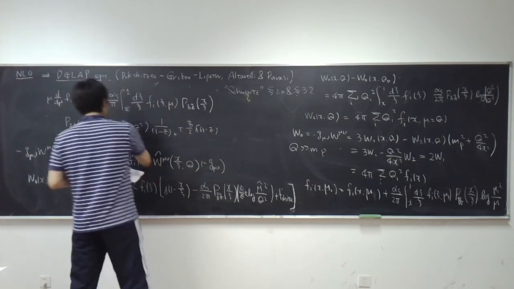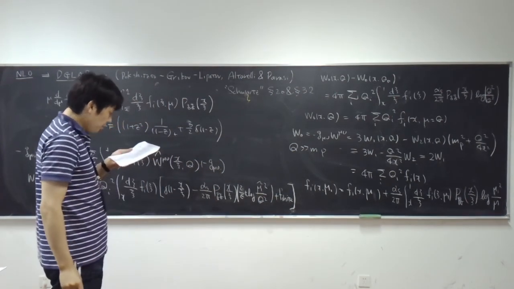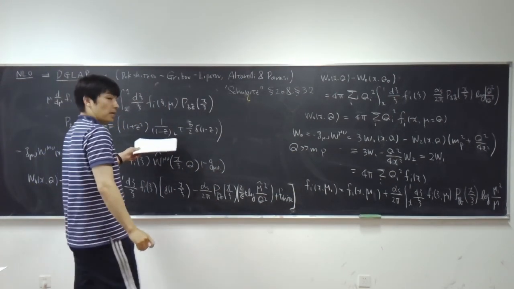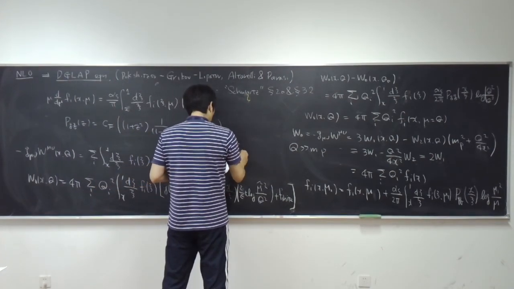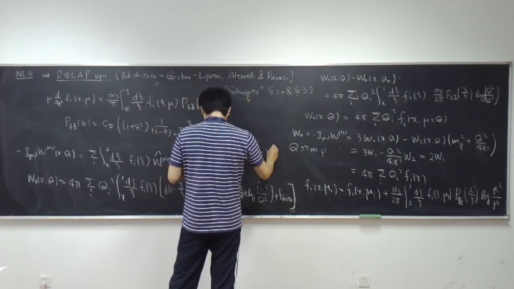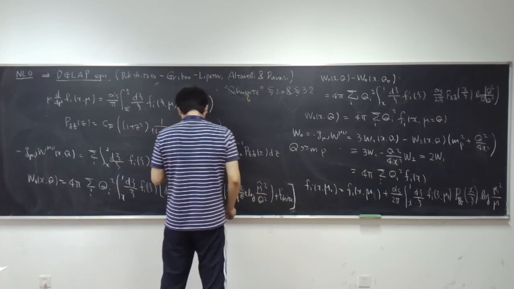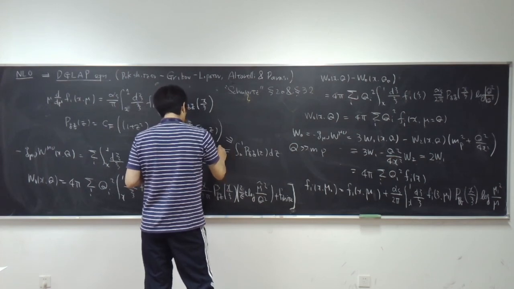And what's more important is that if you use the definition of this plus function, you can just show the conservation of quark number, which is equal to 0.